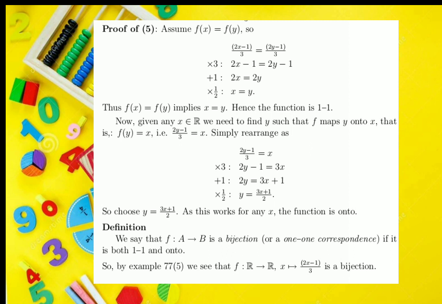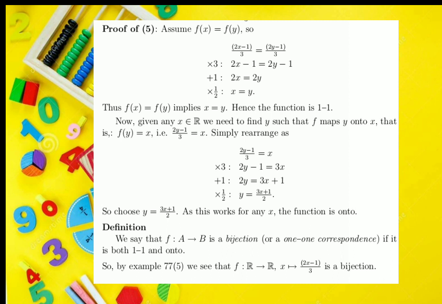Proof 5. Assume f(x) equals f(y). So, (2x minus 1) over 3 is equal to (2y minus 1) over 3. We multiply by 3, so 2x minus 1 equals 2y minus 1.